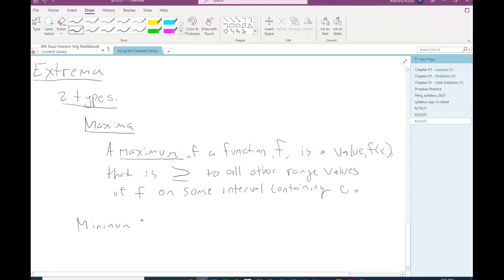So the maximum of a function, f, is a value, f of c, that is greater than or equal to all other range values on some interval containing c.